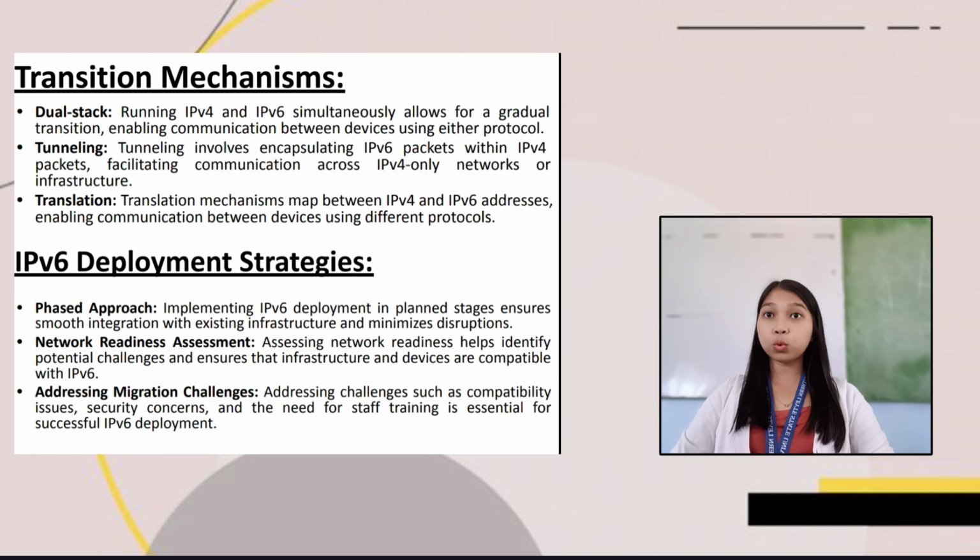Assessing network readiness helps identify potential challenges and ensures that infrastructure and devices are compatible with IPv6. And last is addressing integration challenges. Addressing challenges such as compatibility issues, security concerns, and the need for staff training is essential for a successful IPv6 deployment.